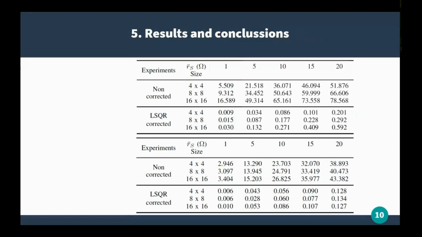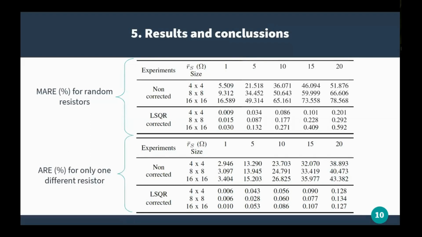So these are the tables that show the results obtained from the simulations. The first table is for the random map of resistances. So these are mean absolute relative errors, all of them in percentage. And in the second case, it is the error only in the different resistor. So the first row is for the non-corrective case.